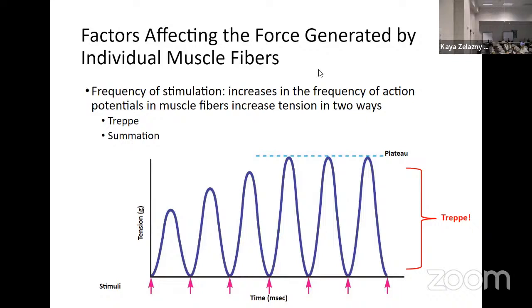So we can see that as we have an action potential coming down our motor neuron, that's really what our stimulus is, right? So each of these arrows, think like an action potential from a motor neuron.